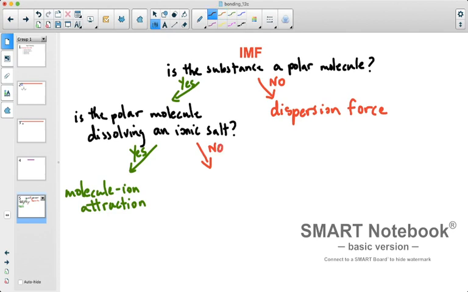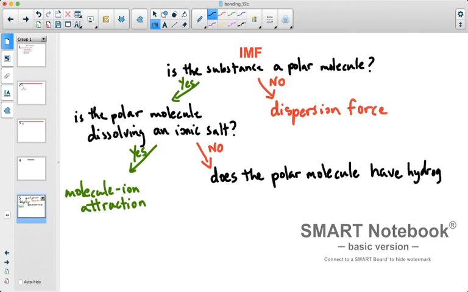And because I have two more, I still have to add one more question here to help me distinguish between the two. So the question I'm going to write down for myself is, does the polar molecule have hydrogen directly attached to fluorine, nitrogen, or oxygen?